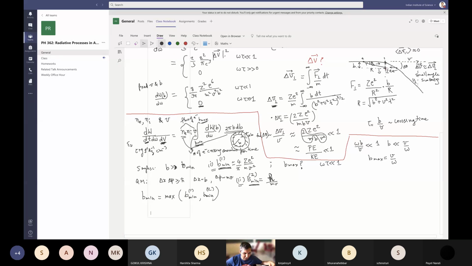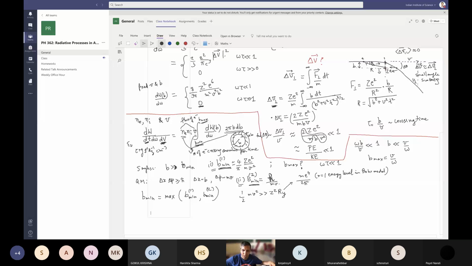This condition can actually be written in terms of half mv squared being greater than the energy, right? This is the Rydberg, the energy unit in Bohr's atom. One Rydberg is m e to the 4 by twice h cross square, the energy of the n equals 1 energy level in the Bohr model.